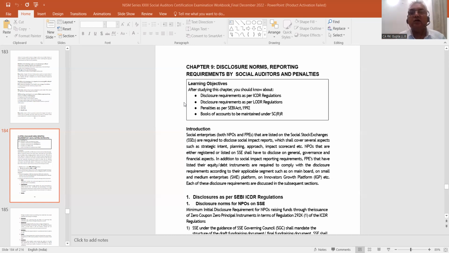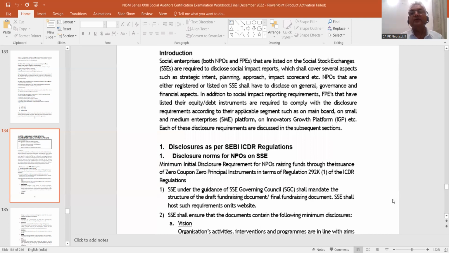So chapter 9: disclosure norms, reporting requirements by social auditors and penalties. Social enterprises, we know, are of two types, NPOs and FPEs, for-profit enterprises, that are listed on the social stock exchanges.